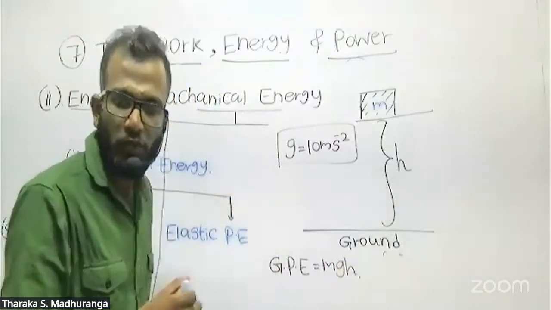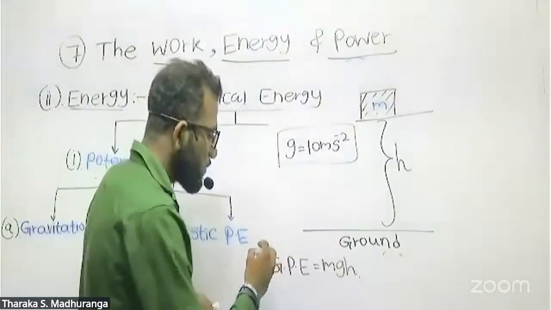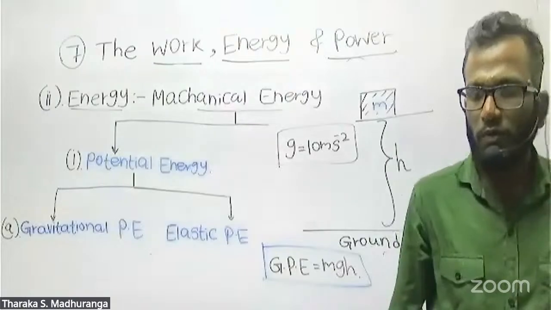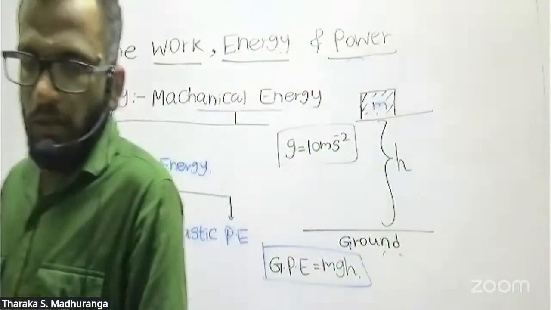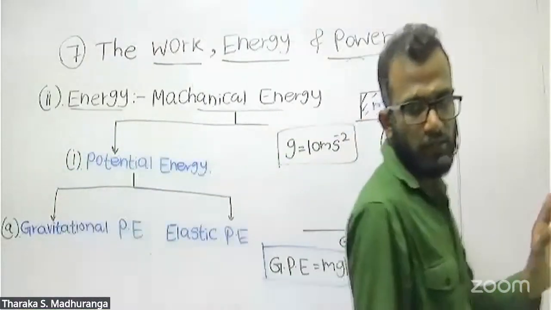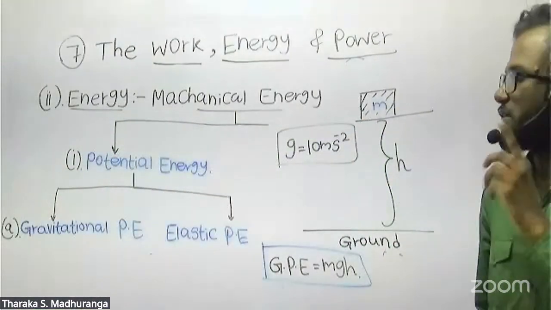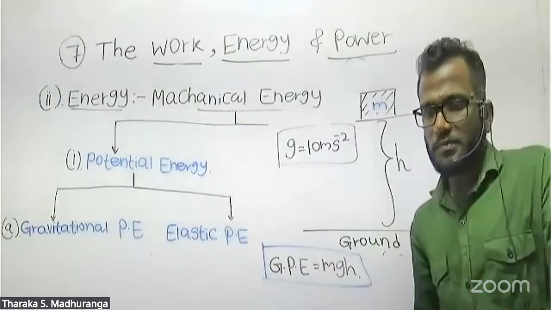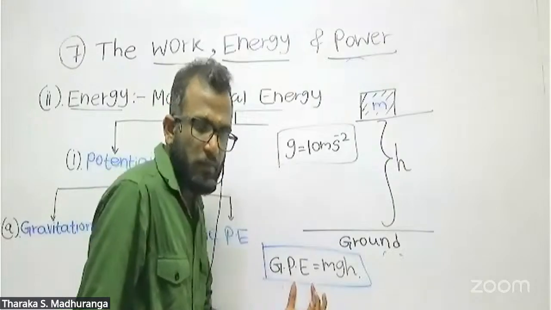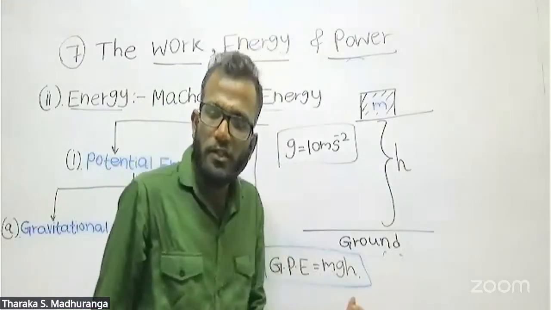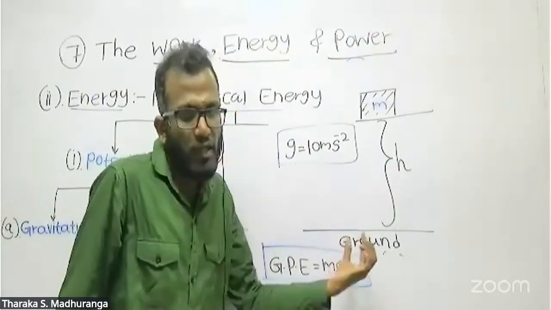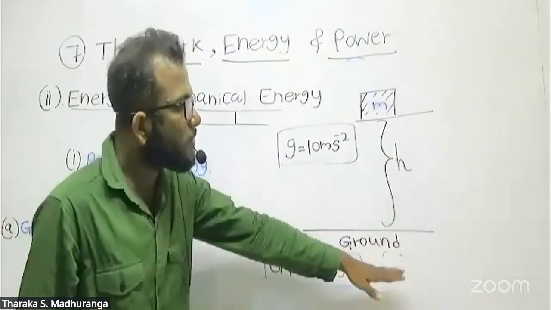You need to carefully remember: the equation for gravitational potential energy is mgh. mgh means the mass of the object multiplied by the gravitational acceleration and the height from the gravity level.